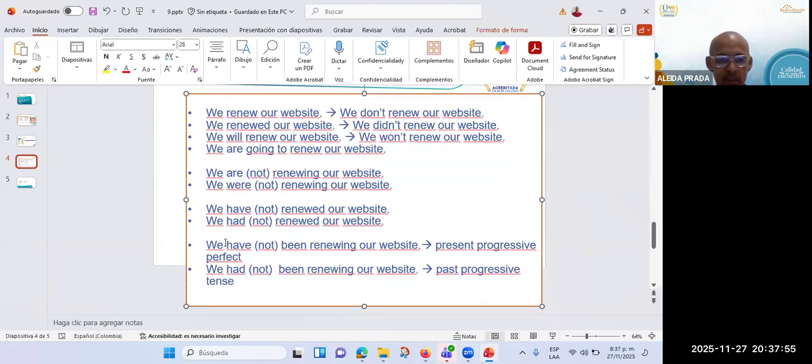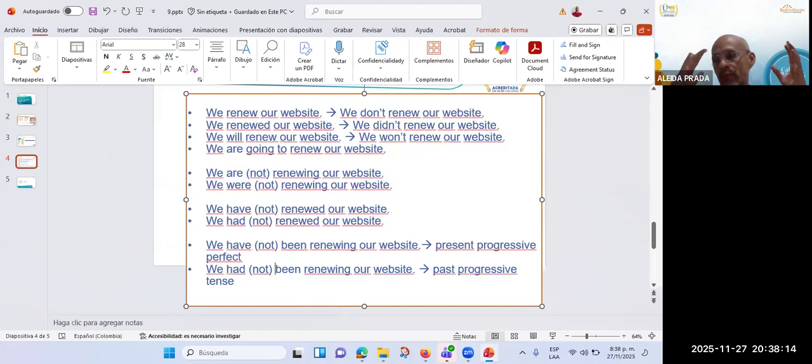And it means nosotros no hemos estado renovando. Nosotros no habíamos estado renovando. These tenses are not very common, but we have to study them and we have to use them.